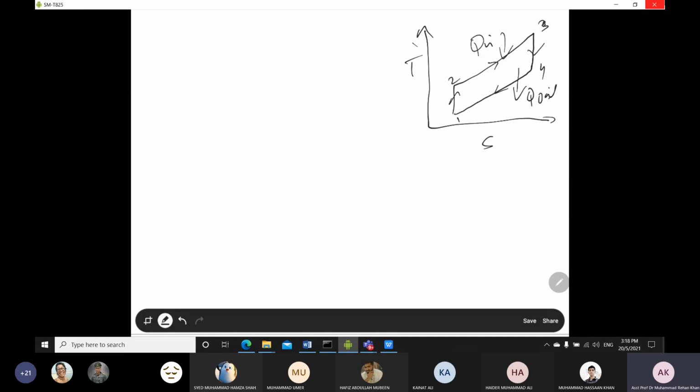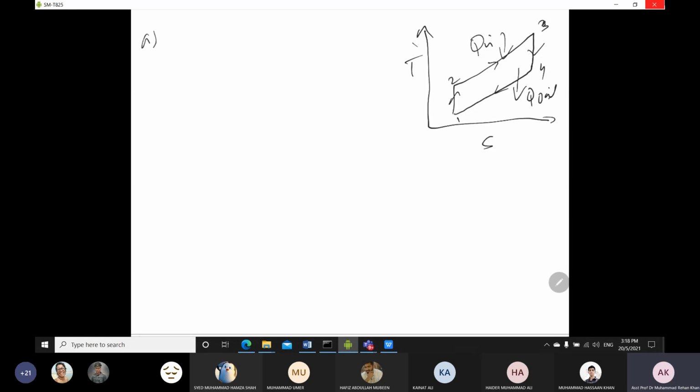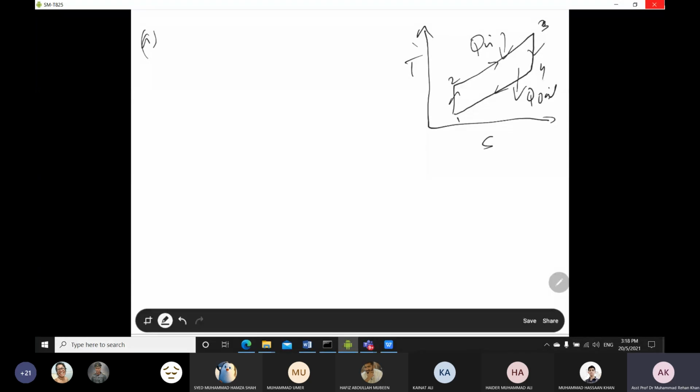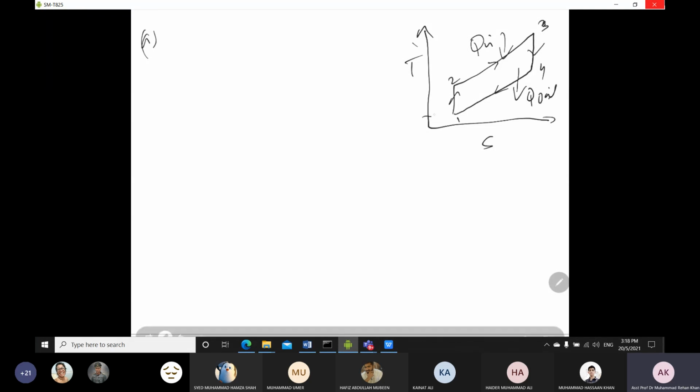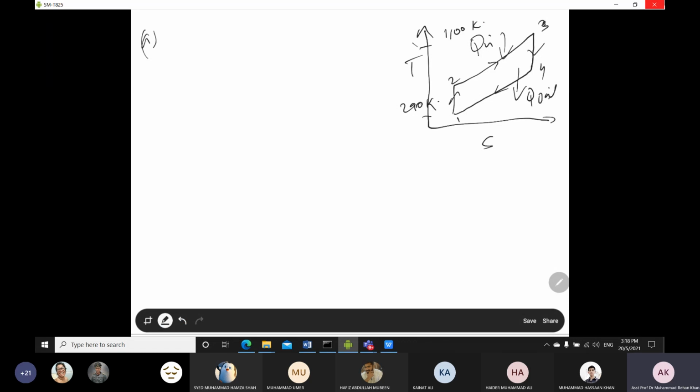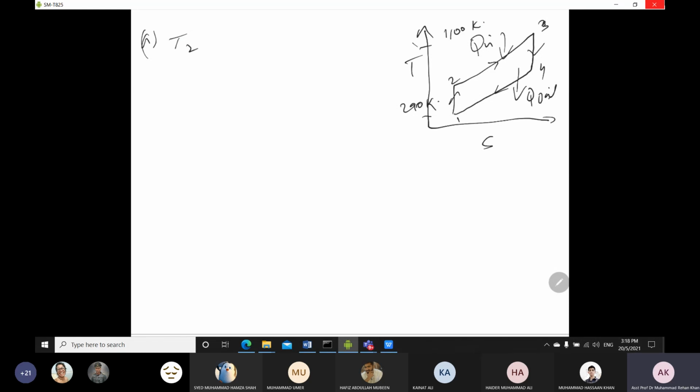In part A, we have to use the air standard assumption, so we do not have to go to the thermodynamic table. We just use the temperature values at all the points. First we need to find the value of T2, because T1 is known to us. T1 is 290 Kelvin and T3 is 1100 Kelvin from the question. We have to find T2 and T4.